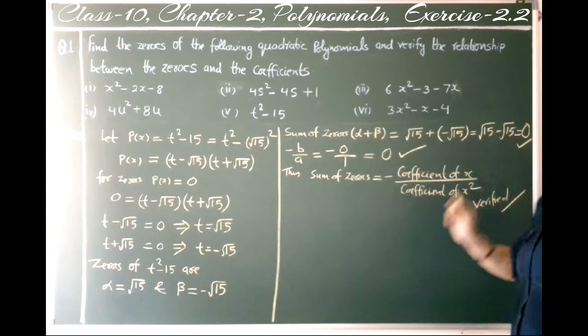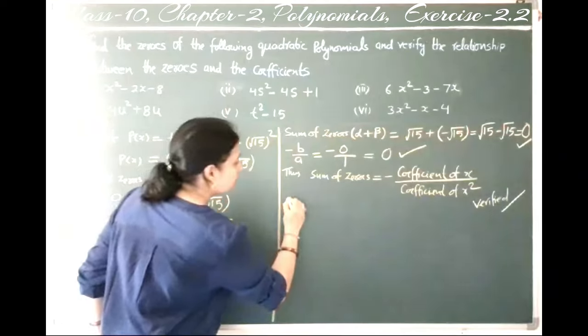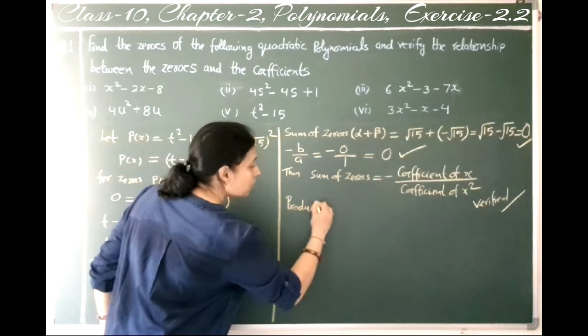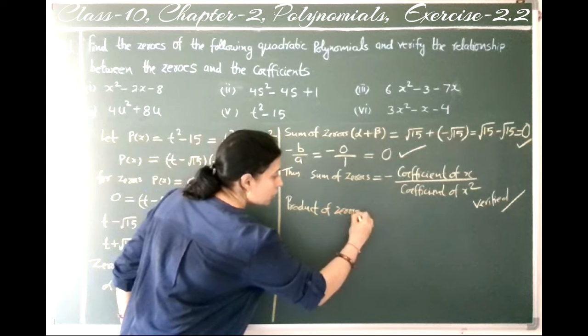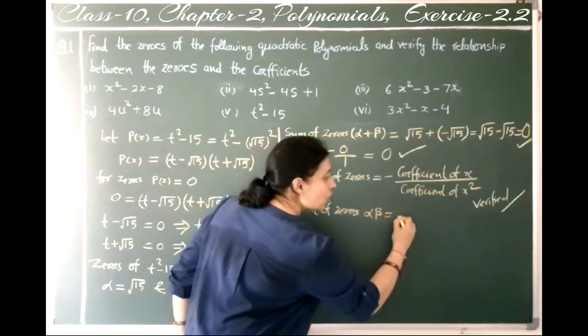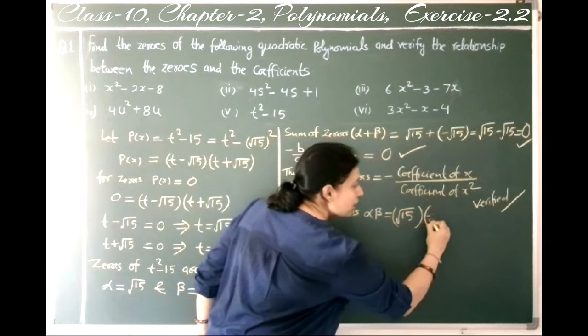For the first case. Now we have to find out the product of zeros, that is alpha into beta. Alpha is equal to root 15 and beta is equal to minus root 15.